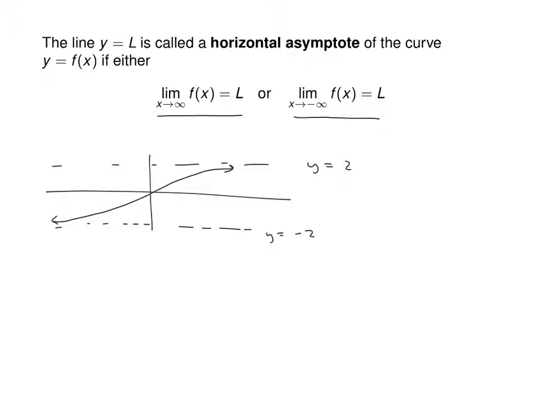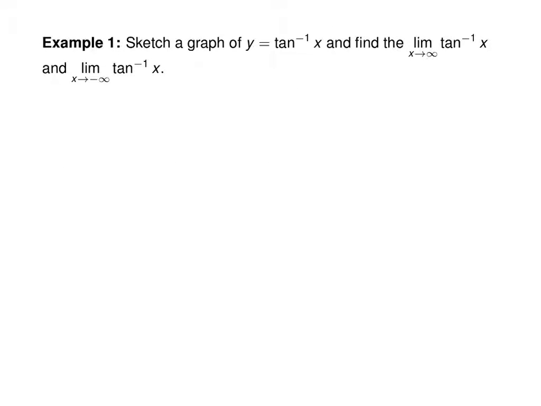The next example is your favorite inverse trig function, the only inverse trig function where you know what the graph looks like. So what does y equals tan inverse of x look like? It goes through the origin.